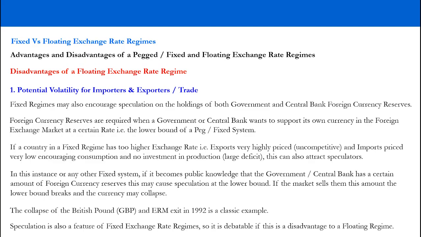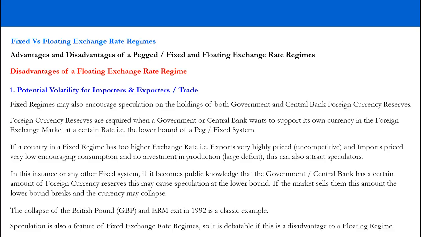And what can happen is what happened, for example, with the ERM crisis in 1992, where the British pound got to its lower bound against the Deutschmark in the exchange rate mechanism. And George Soros pretty much figured out how much foreign currency reserves the British government had.